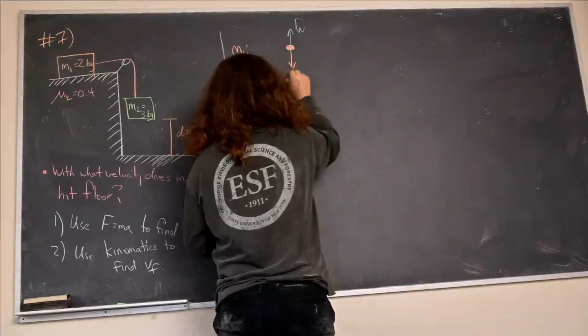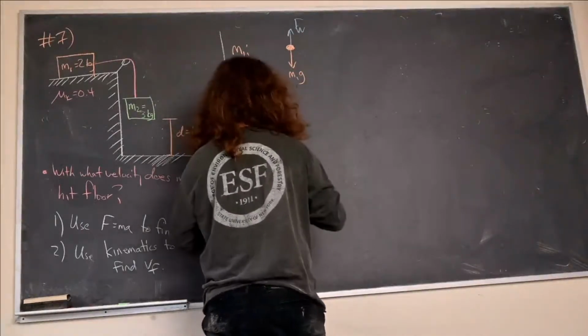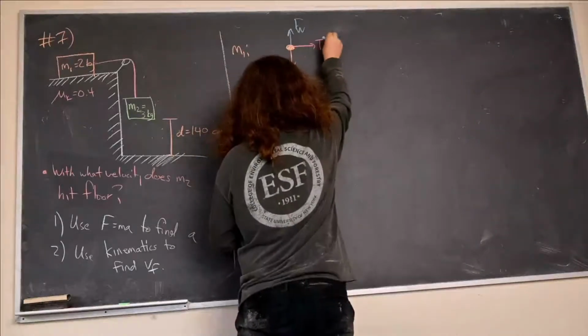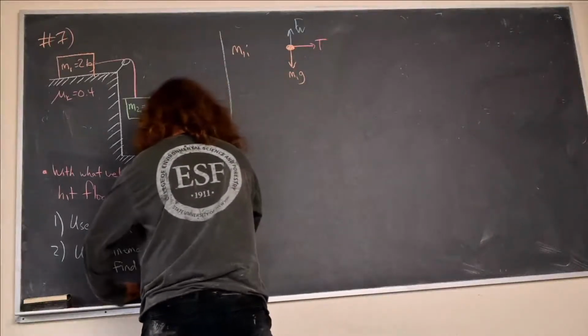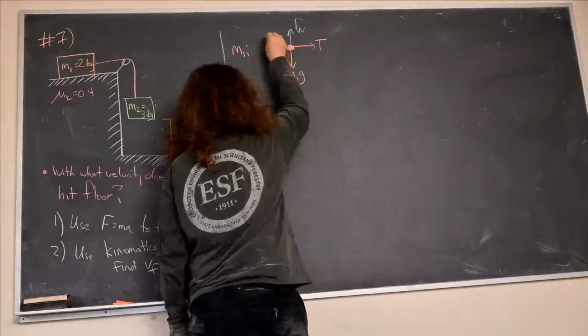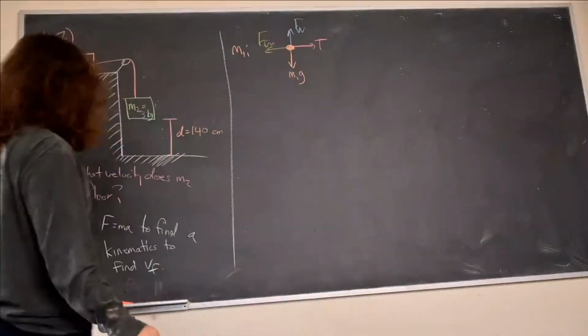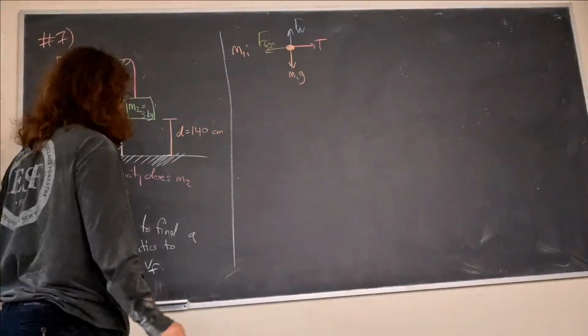We've got its weight going down. We've got the tension in the rope going to the right. And we've got friction going to the left. We know the friction goes to the left because this whole thing is going to slide to the right.